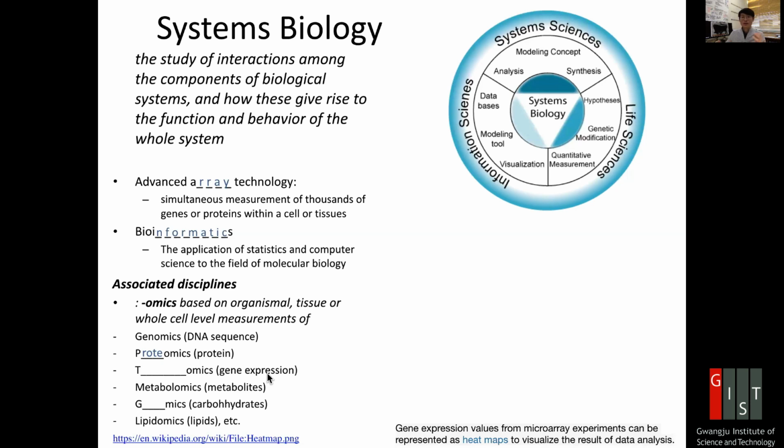And gene expression, usually from the DNA into RNA expression, we call gene expression. And that DNA to RNA conversion is called transcription. So this study of gene expression is called transcriptomics. This omics means the whole set.